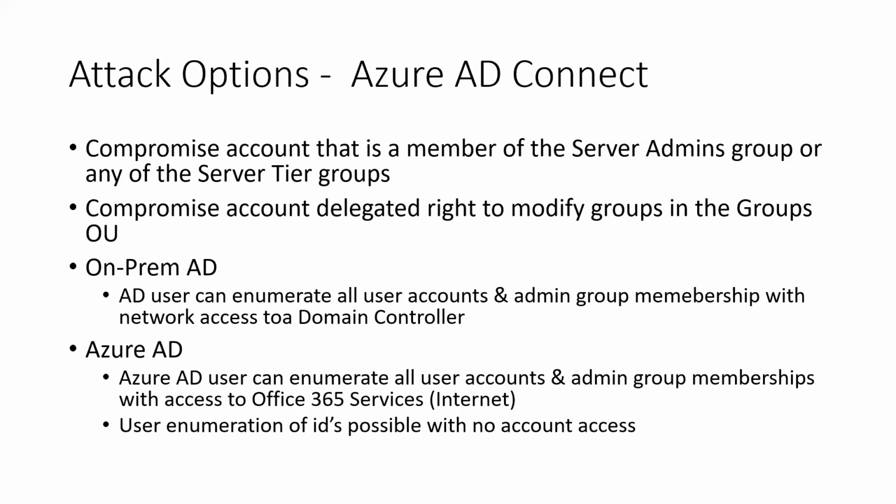And user enumeration of IDs is possible with no account access as well, as we touched upon earlier. So that's something to keep in mind. And again, that comes back to the dangers of password spraying and the importance of keeping an eye on user access and user privilege, failed logins, that kind of stuff. Keeping an eye on that activity is critical.